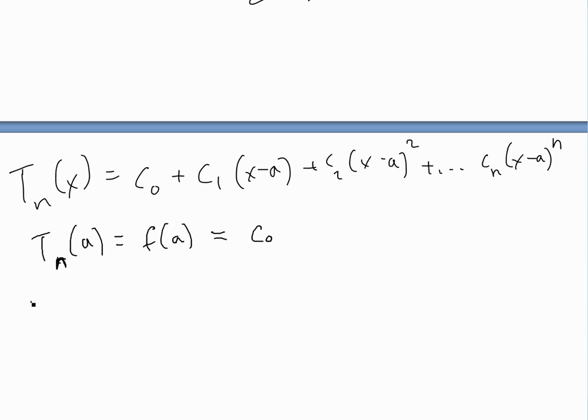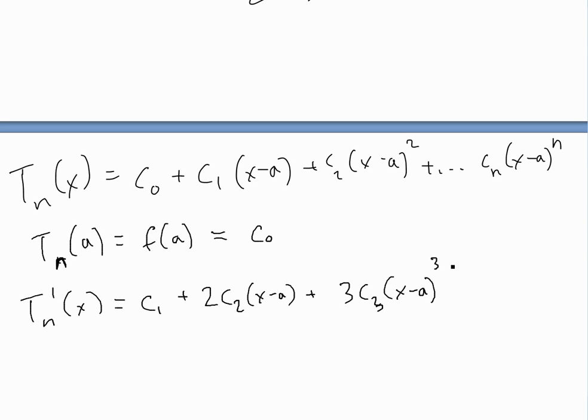Then if we take the derivative, Tn prime of x just equals c1 plus 2c2 (x minus a), plus 3c3 (x minus a) squared, plus etc. This one's going to be n cn (x minus a) to the n minus 1.